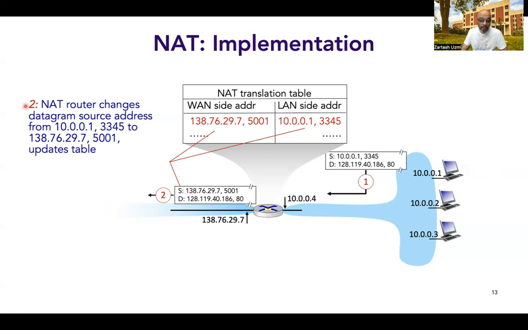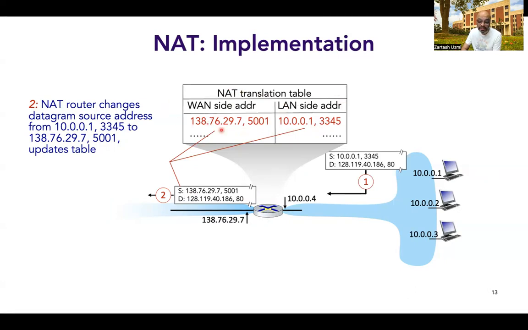At the same time, the NAT device, while it changes the source address from 10.0.0.1 to 138.76.29.7 and the port number from 3345 to 5001, must make a note in its network translation table. So the network translation table will be populated.